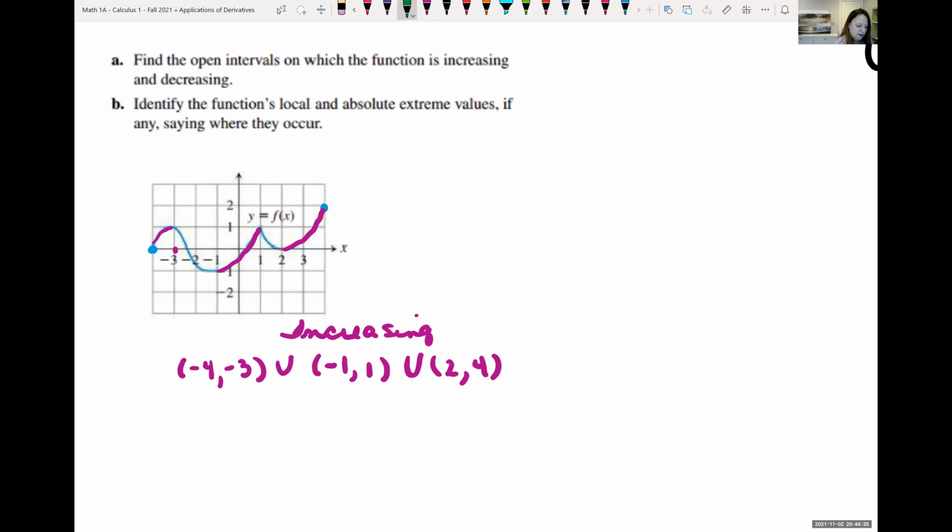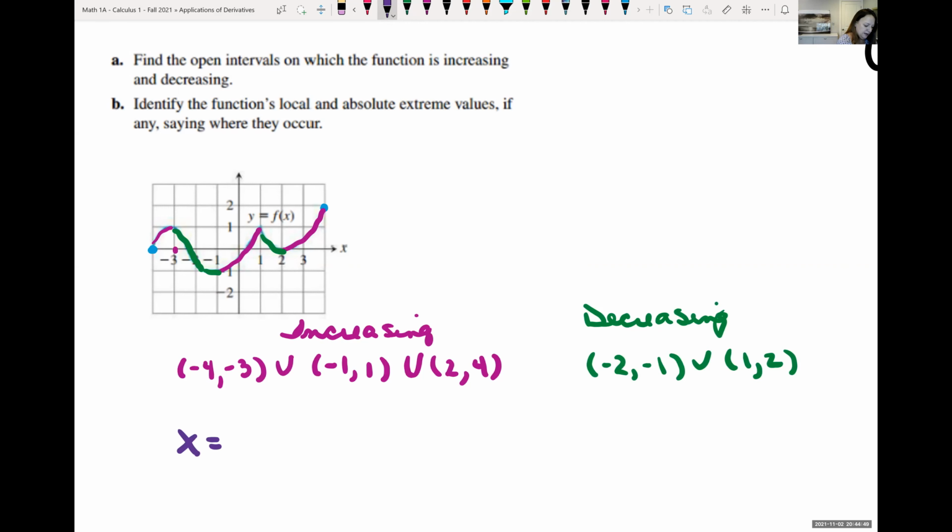We're decreasing where our function is going down from left to right. So we're going down starting at -2 until -1, union 1 to 2. At x equals -3, notice that this is a maximum, but it's not the highest point, so this is a local max.